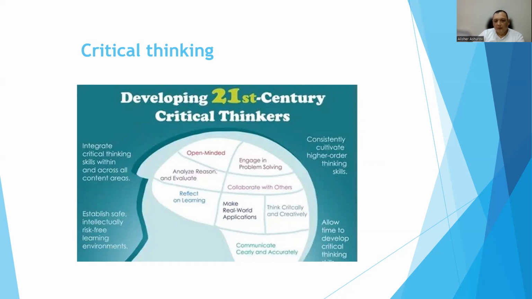You should be more concentrated, or think critically and creatively. Here, a creative approach is really important. And you should find the real applications. And of course, you should establish a safe, risk-free learning environment, let's say.